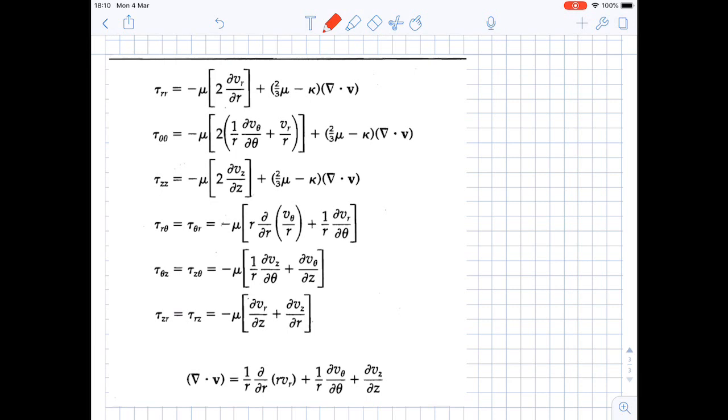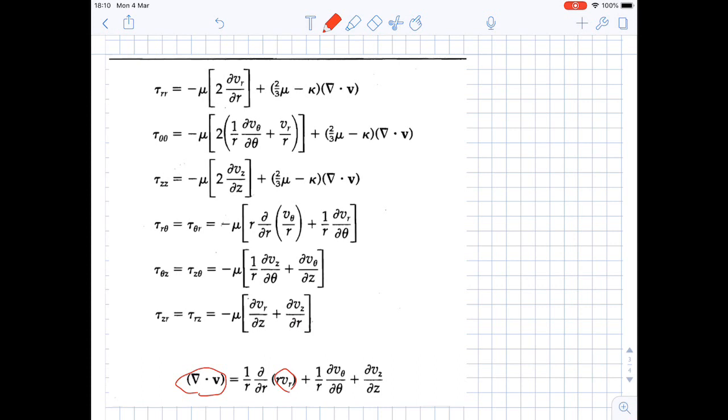Now, if you look into the del dot V, this term, we can take that for liquid, del dot V is supposed to be 0 because it is incompressible. But we can always look into each component.